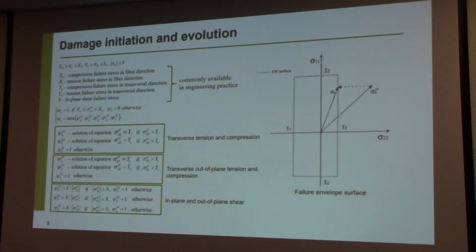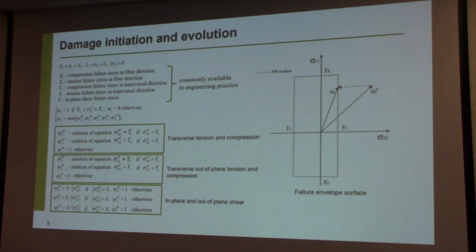The idea how to define damage parameters is demonstrated on this figure. So if the elastic solution based on undamaged material is out of the failure surface, we have to find a damage parameter to arrive back on a failure surface.